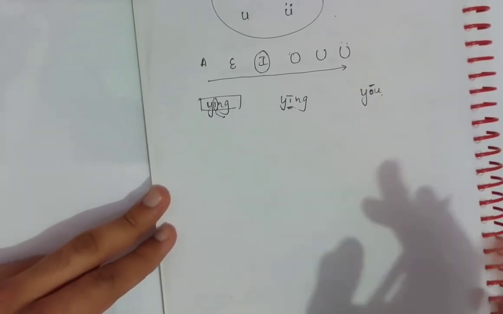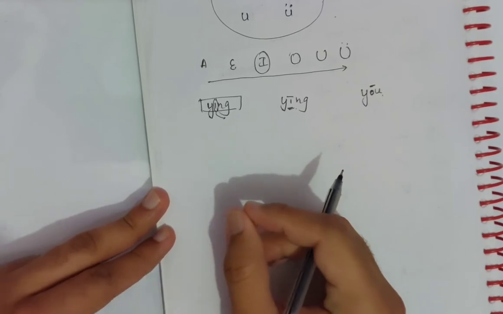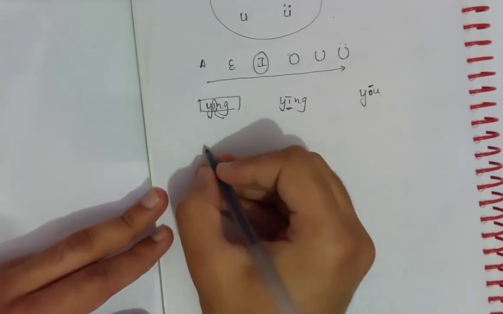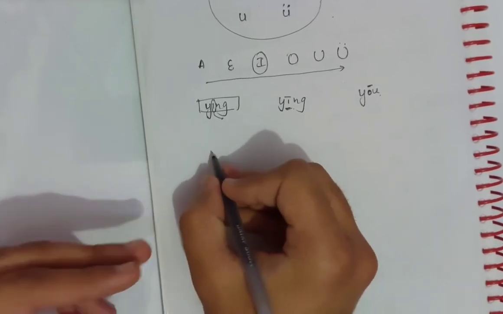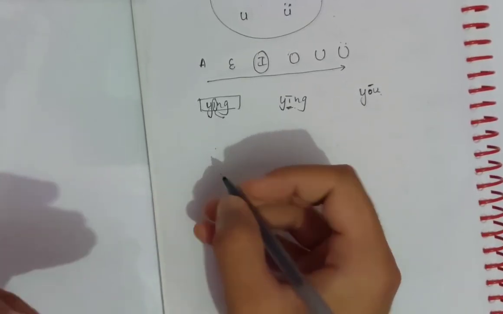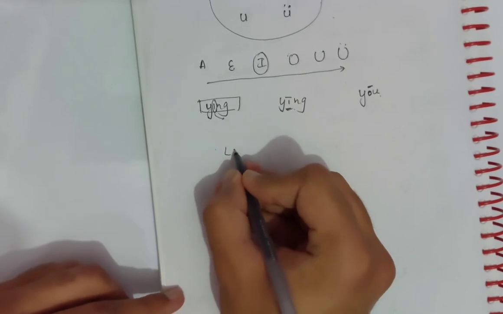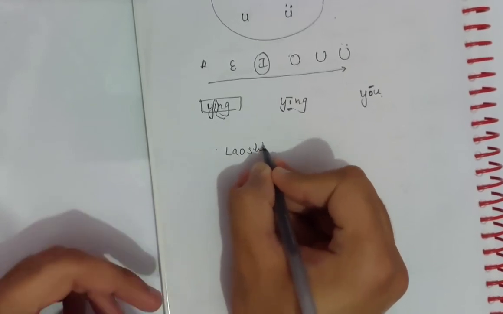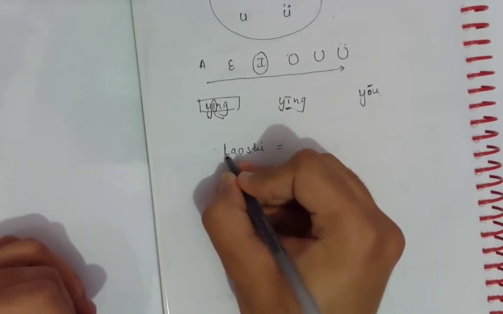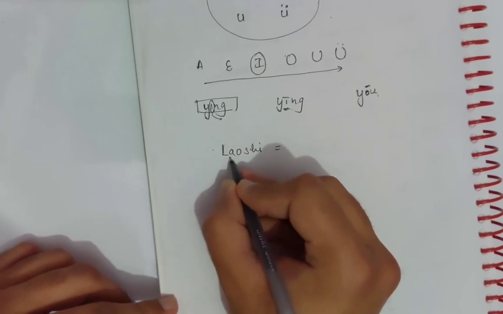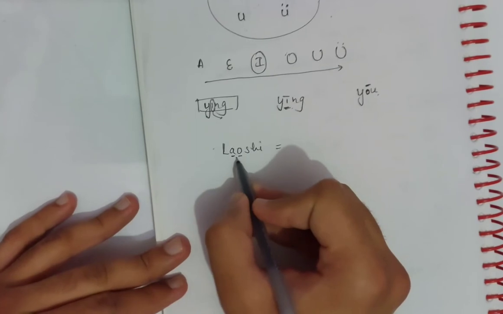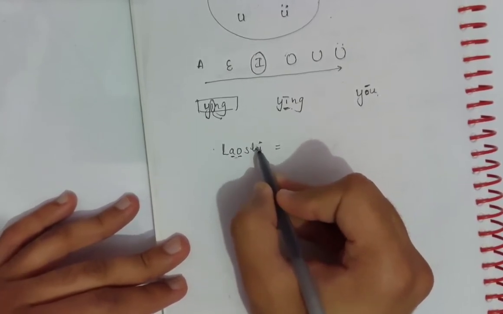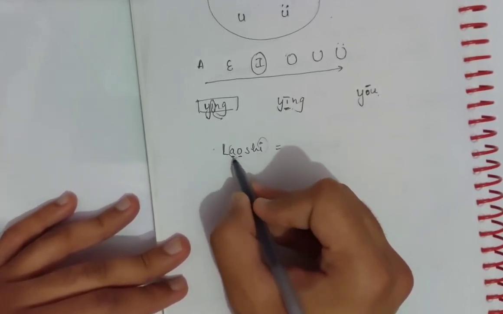Or you can take any other example, like the word lao shi. Lao shi means teacher. So if there are words which contain more than two finals, here yes, there are three finals, right?